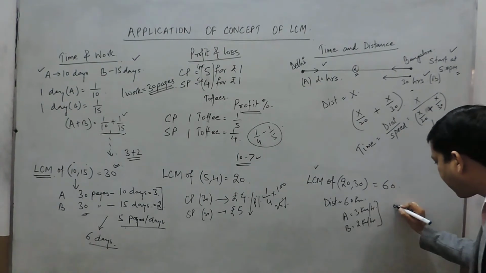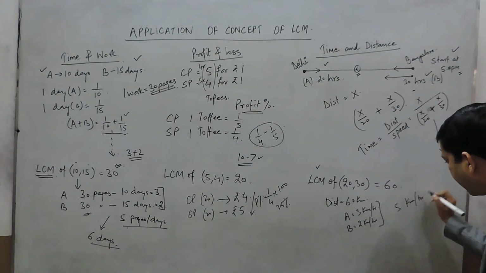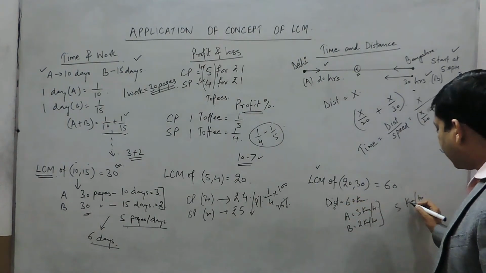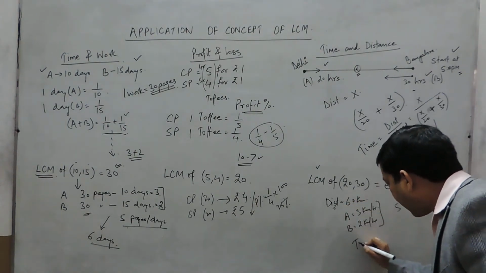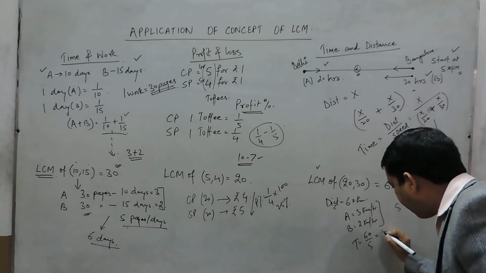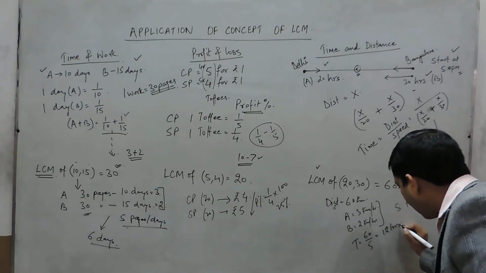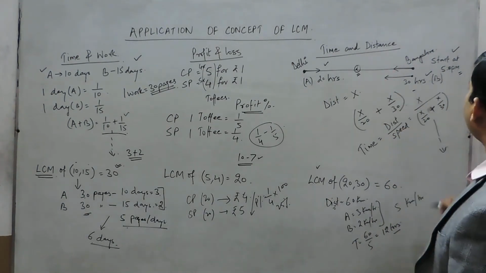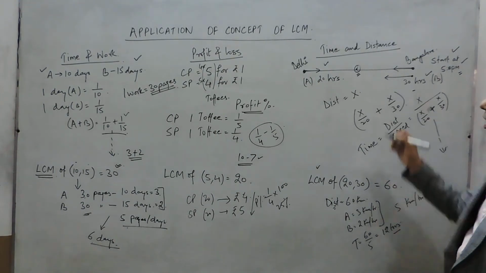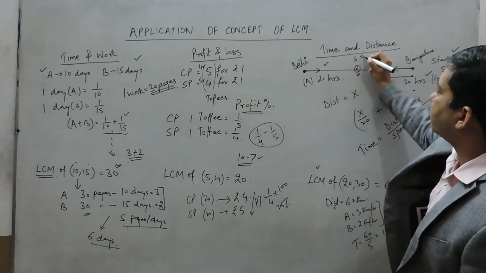So the relative speed comes out to be 5 kilometers per hour. When we divide the distance by 5 kilometers per hour, the time comes out to be 60 upon 5, that is 12 hours. So they will meet after 12 hours, which means if they start at 5 p.m., they will meet at 5 a.m.